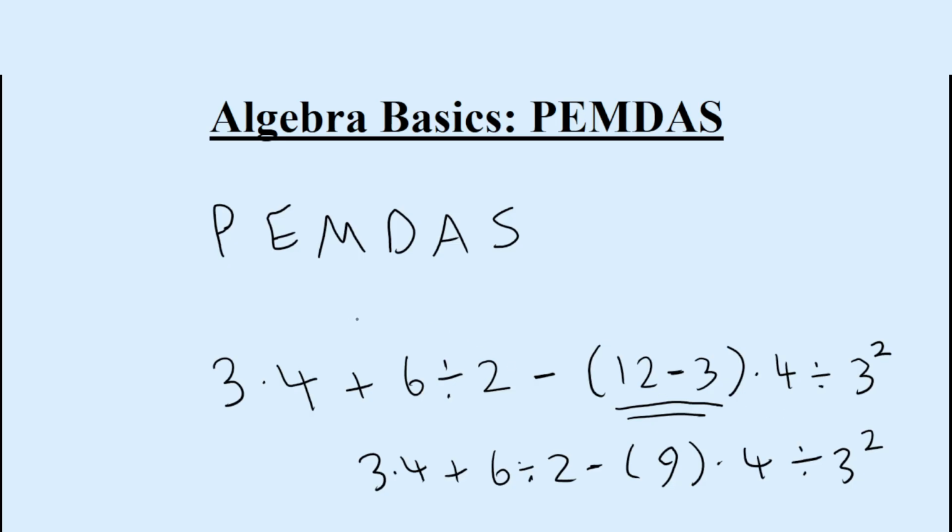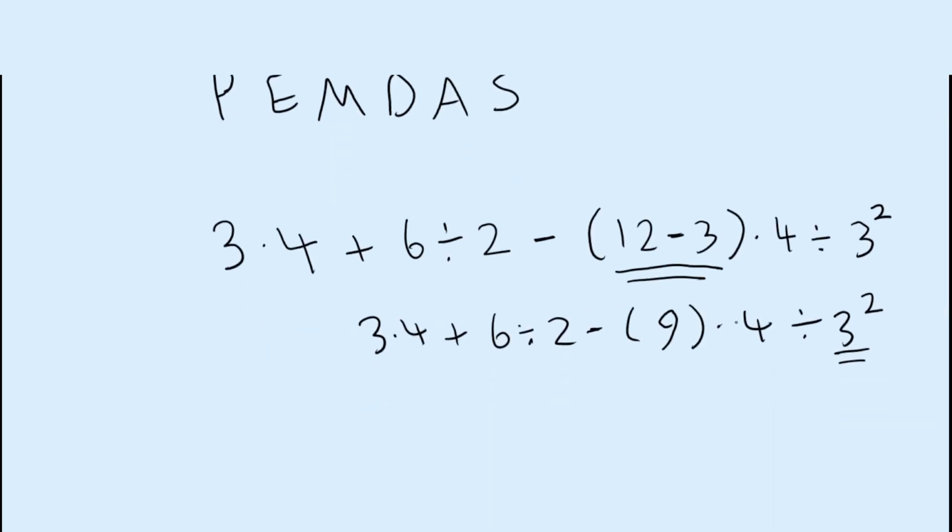So what's next here? In PEMDAS, the next letter is E, right here. So E stands for exponent. So let's look for wherever we have an exponent. And there it is, 3 squared, 3 to the power of 2. So let's evaluate that. 3 to the power of 2 comes out to 9.